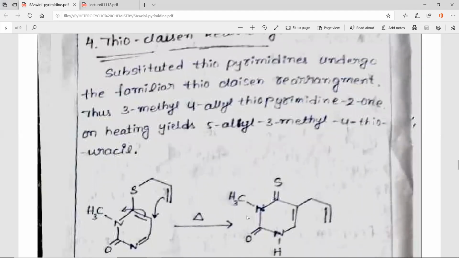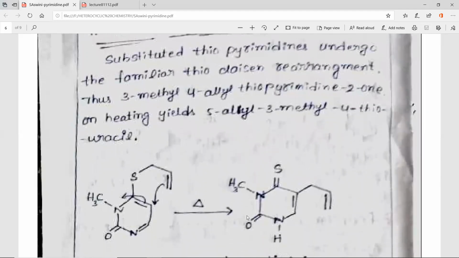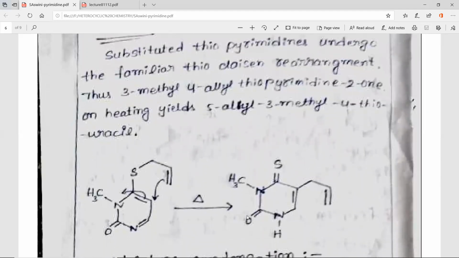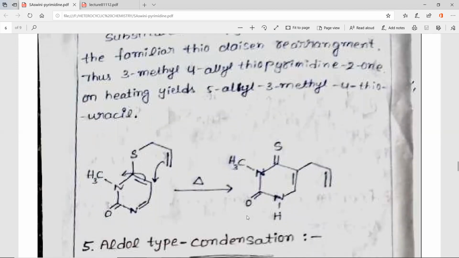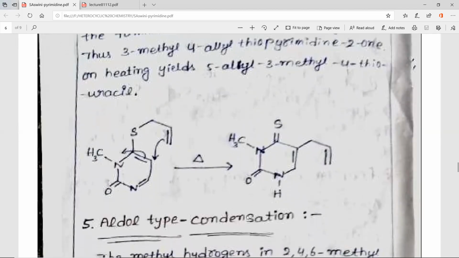So for example, 3-methyl 4-allyl thiopyrimidine 2-one on heating gives 5-allyl 3-methyl 4-thiouracil. It undergoes a Claisen type of rearrangement.